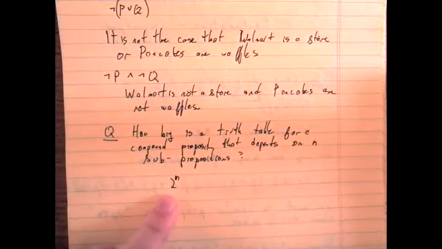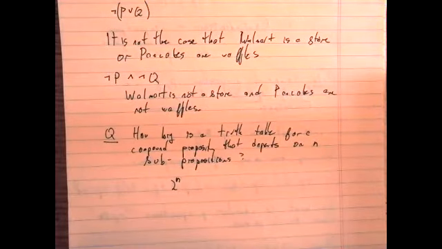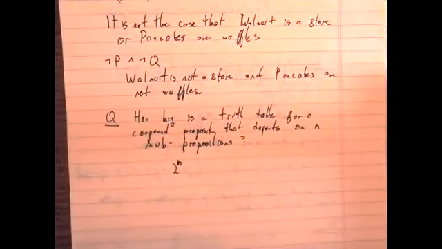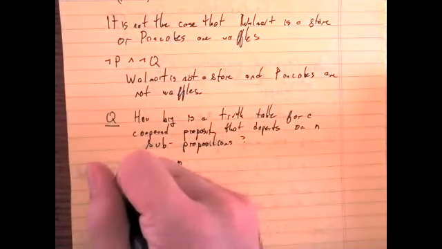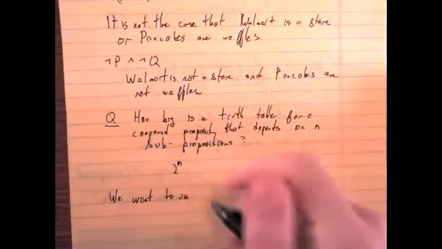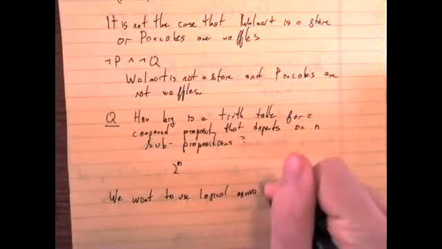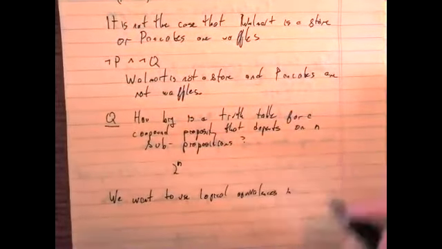Thus far, we've only dealt with 2 propositions and maybe with 3 on your homework. I forget if I assigned you one with 3. So the point is, we want to use logical equivalence instead of truth tables.